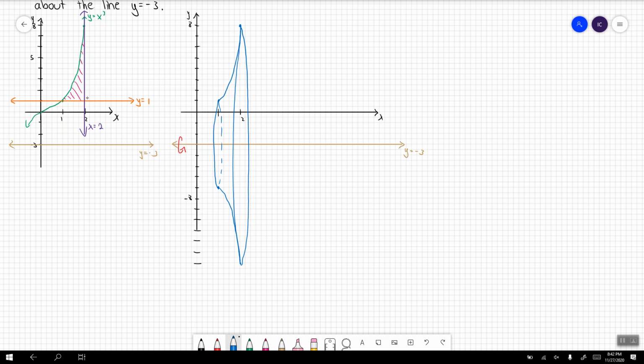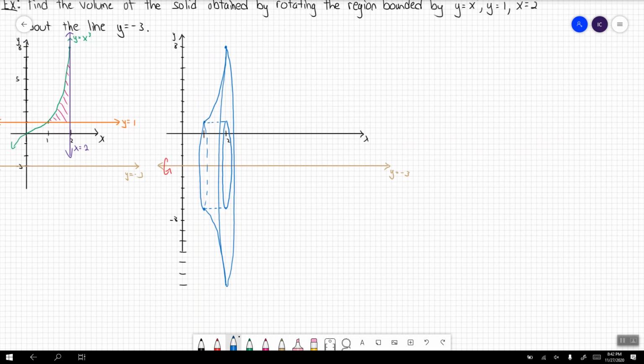Y is equal to 1 is this bottom bound for this region, and it's also creating this circular portion. All right, so let's go ahead and account for that. Kind of like we have this open circle right in there. There we are. So here's the volume that we're looking at for that specific region.